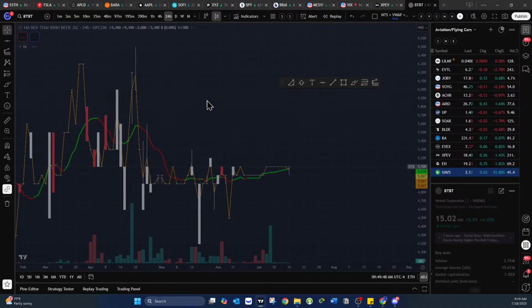I got LEAPS on February 26th, 2026 for BTBT, up 40% there. BBAI is struggling with this 820 spot so far, but I kind of like this backtest.